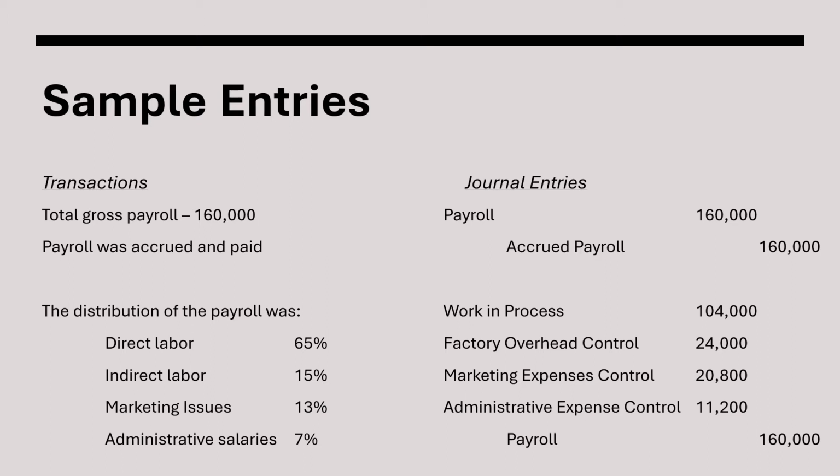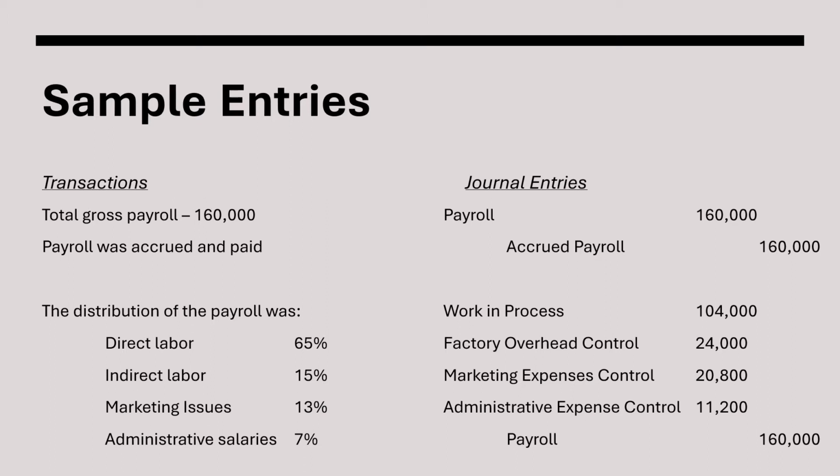Remember, the total manufacturing cost involves direct materials, direct labor, and factory overhead. Factory overhead is being recorded separately, and we will talk about that further in the topics that we'll be discussing. So that's why indirect labor is recorded separately in factory overhead control, while direct materials and labor are directly attributed to work in process.